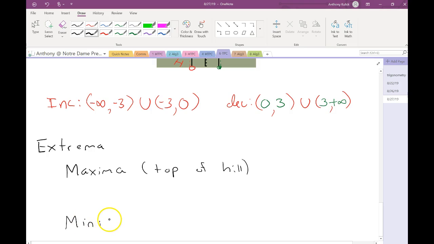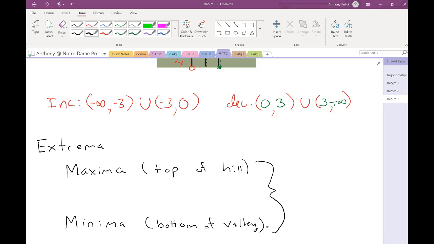And then there's minima, that's the plural for the word minimum. For both maxima and minima, there's two types of those. You can have a local, and then you can have the absolute, or sometimes we say the global. Those two words get used kind of interchangeably.